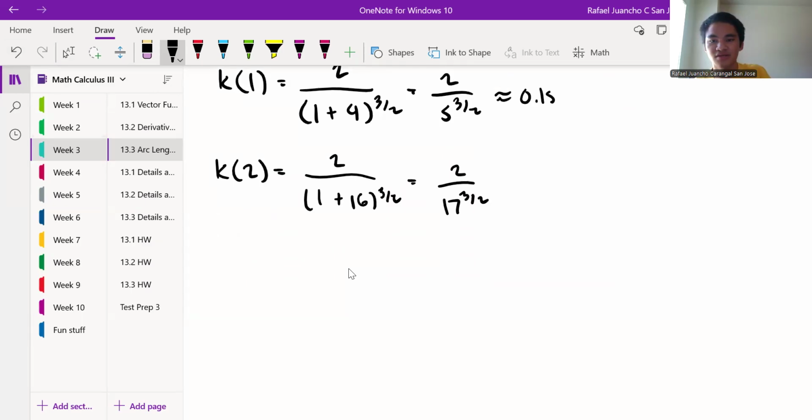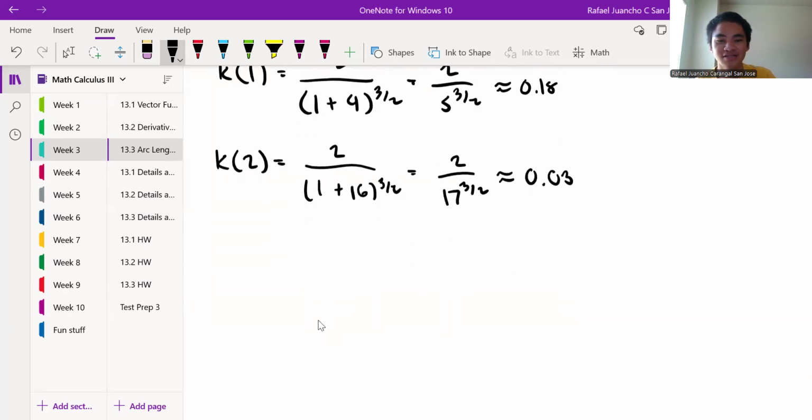So I get 0.18. Here I get 0.03. So funny enough, my intuition was wrong, right? Because I thought it would curve a lot more. Actually, it's becoming more straight.